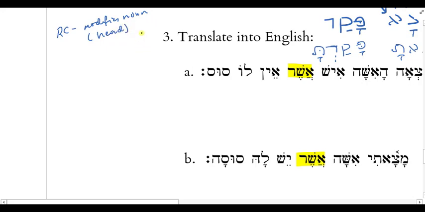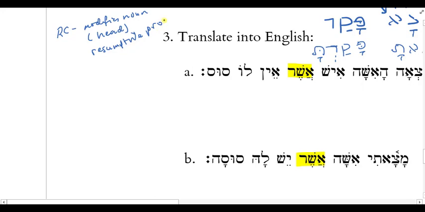And so in Hebrew, when we have relative clauses, there will be a head that's being modified by the relative clause. There will be an asher, which is the relative particle that introduces the relative clause, and it will usually go right after the head. And then there will be a resumptive, usually a resumptive pronoun.